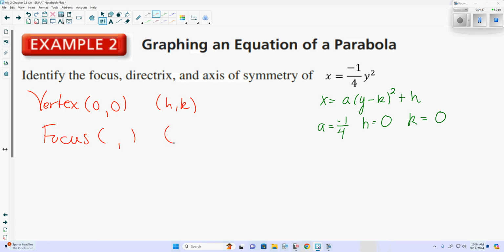Focus. So the focus for x equals h plus p comma k. Well, k is 0. h plus p, we do need to solve for. Well, h is 0 plus, have we found p yet? p would be 1 over 4 times negative 1/4.